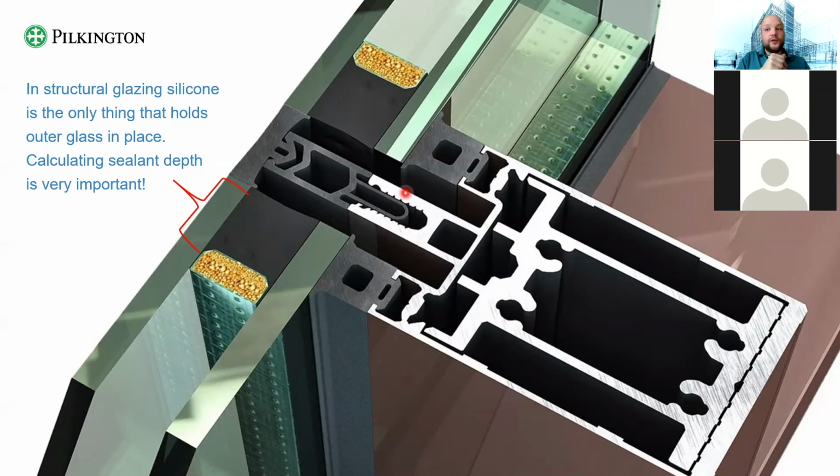And you need to provide details about how your IG unit will be held in your structural glazing system. Meaning, will it have any supports from the bottom part?